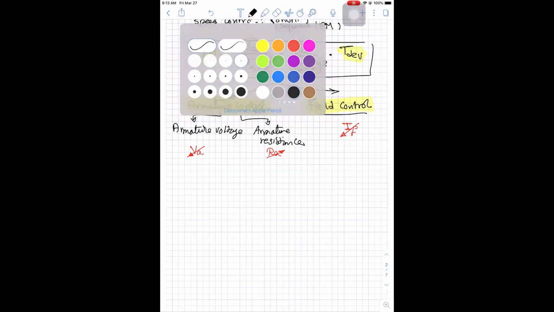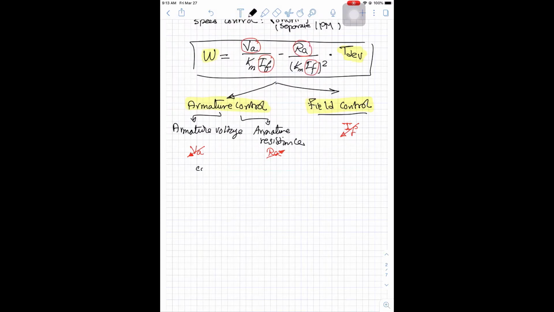As we covered last time, armature control can control speed below rated, so the speed can be controlled from 0 to N rated, and field control is used to control the speed above rated, so the speed can go from N rated, and theoretically we can reach infinity.